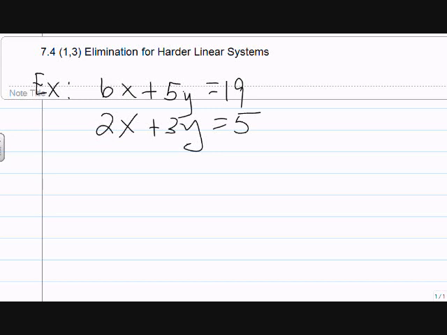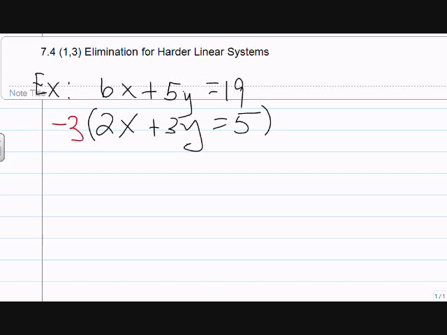So I'm going to make this second equation have as its coefficient, as its first number in front of the x, to be -6. And to do that, I'm going to multiply this whole equation by -3.